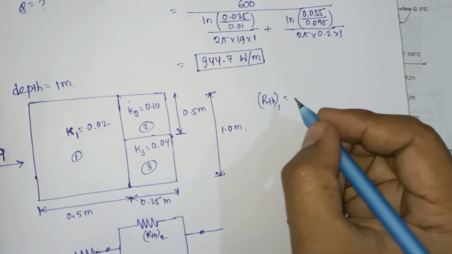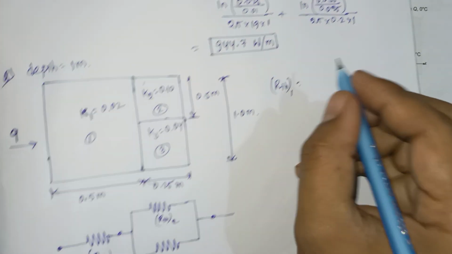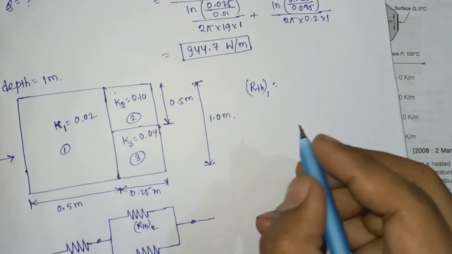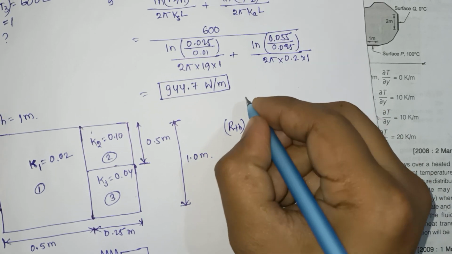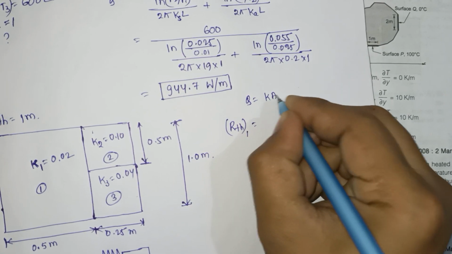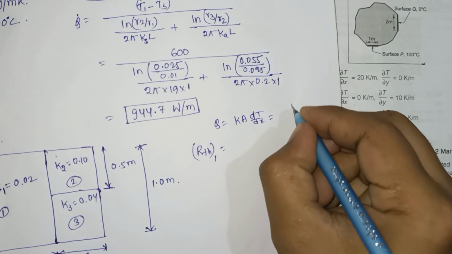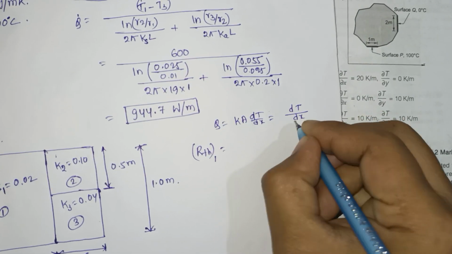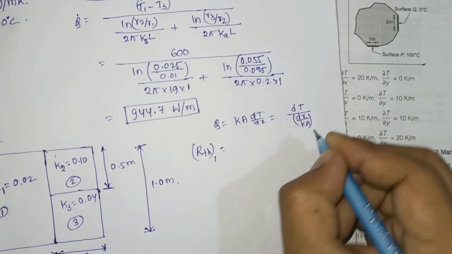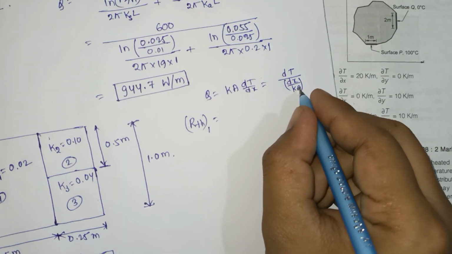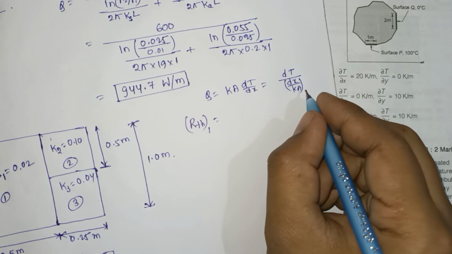RTH1, that is equal to, so we know that Q is equal to KA dt by dx. So from here, this is dt by dx by KA. This dx by KA means thermal resistance.